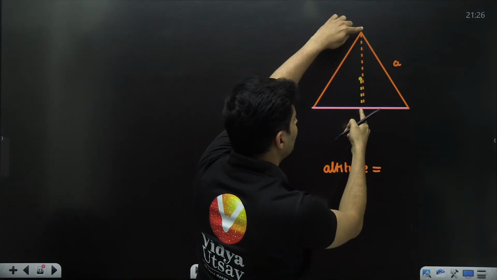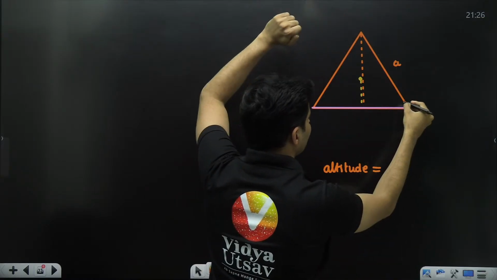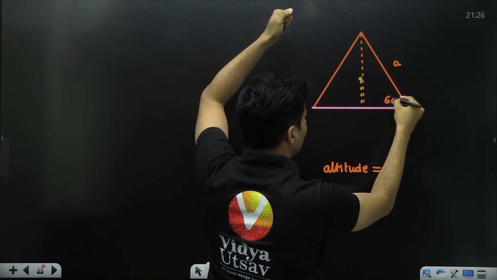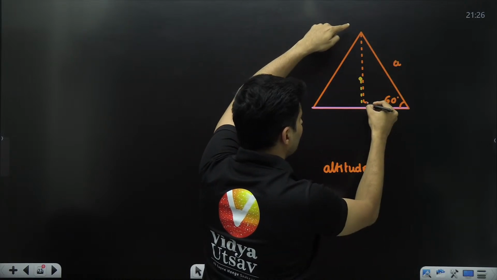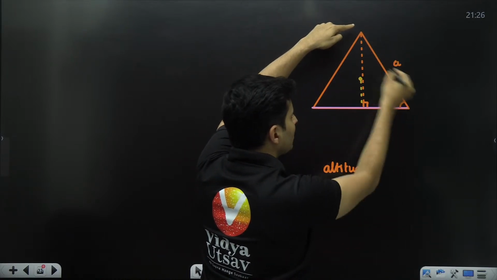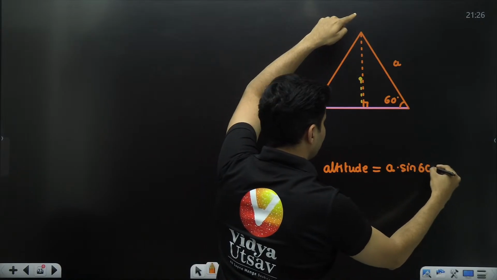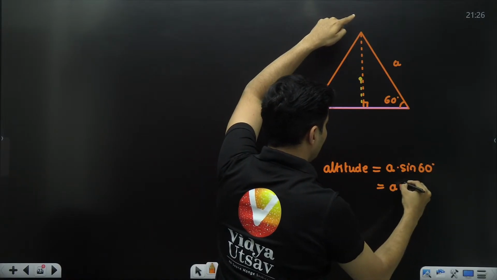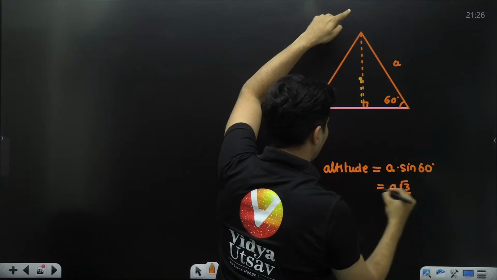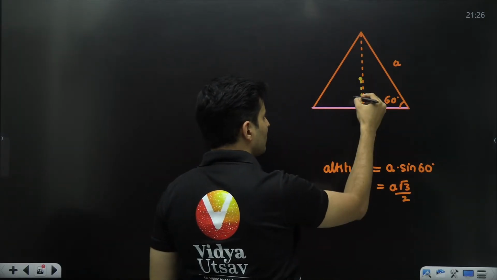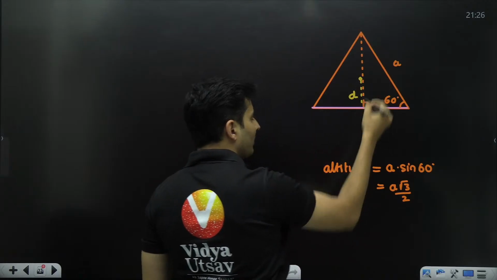Can you guys guess? Because obviously this angle will be 60 degrees. This is the hypotenuse. This is 90 degrees, of course. So it will be nothing but hypotenuse times sine 60, which is root 3 divided by 2. That is the length of the altitude. But I wouldn't need that. I just want this distance for my calculation.